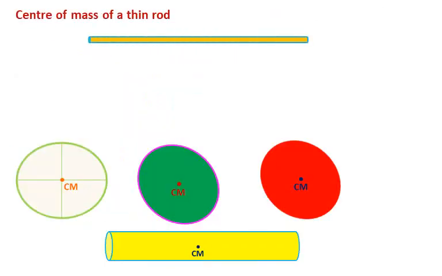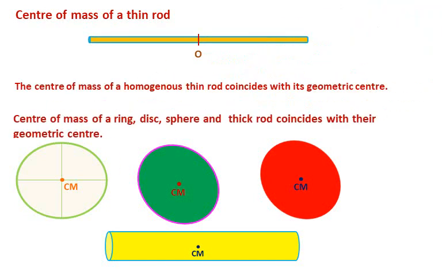The center of mass of a thin rod will coincide with its geometrical center. Similarly, center of mass of a ring, disc, sphere and thick rod also coincides with their geometrical center.